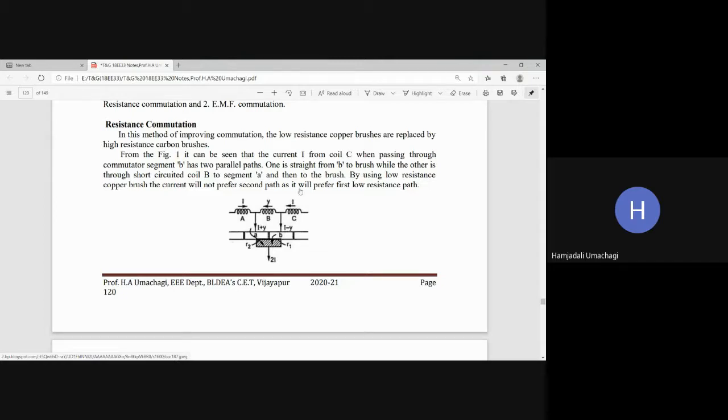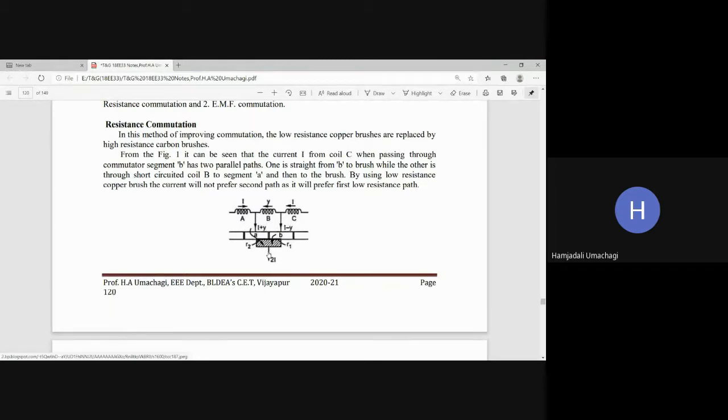One path is this: the current I can flow directly to the commutator segment B, then to the brush, or it can follow the path through coil B, then to copper segment A, and then directly to the brush. So it has the choice of two paths here.